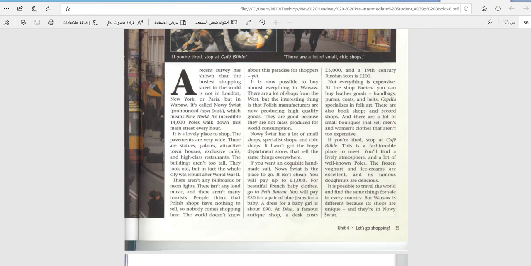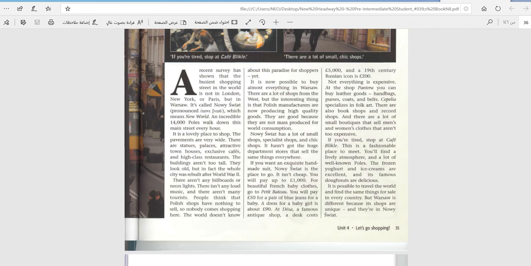Nowy Swiat has a lot of small shops, specialist shops, and chic shops. It hasn't got the huge department stores that sell the same things everywhere.